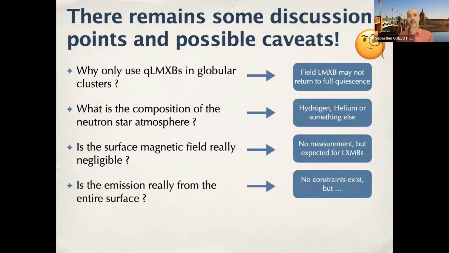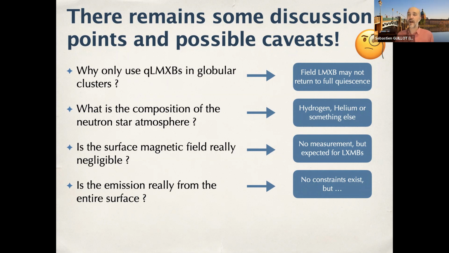I'll go on to the next one, which is an important one. Is the emission from the surface really uniform? Are we really seeing the entire surface of the neutron star? And the answer is we don't know, because we don't see pulsation from those stars, but we don't see pulsation because we don't look.